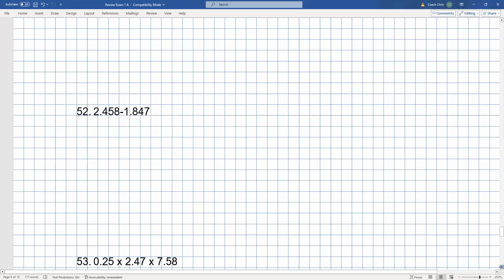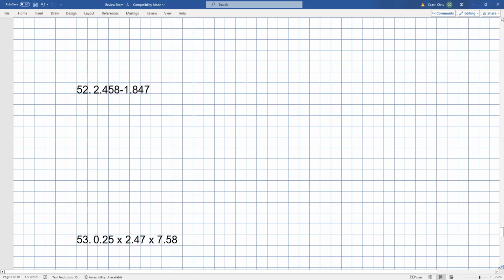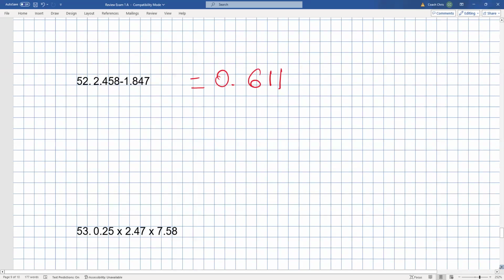So right here, you will get 2.458 minus 1.847. Go ahead and write. If they do not tell you anything, record the entire answer. If they say stop at the 2nd place, it's going to be 0.61.